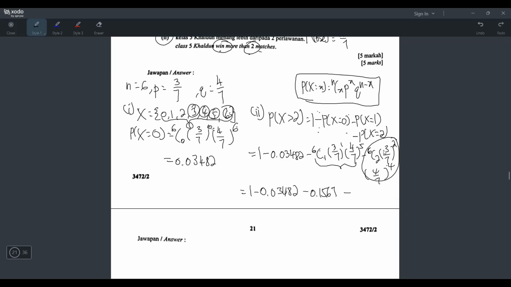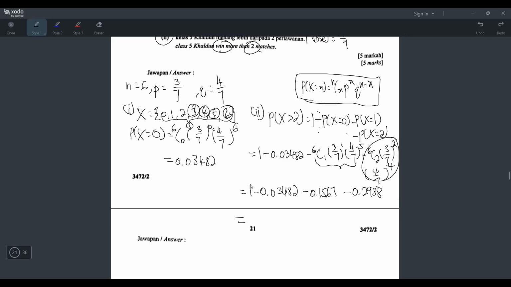My calculator gives me 0.2938, because the next digit is 5, so plus 1. Now 1 minus everything and you will get the answer: 1 minus 0.03482 minus 0.1567 minus 0.2938.